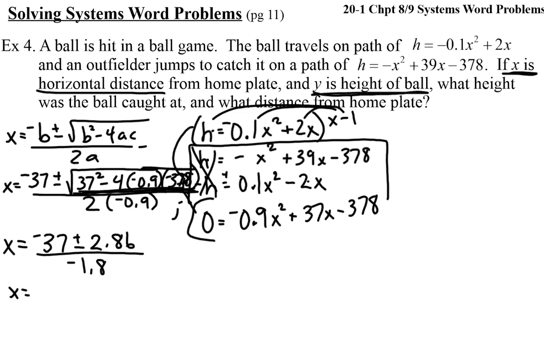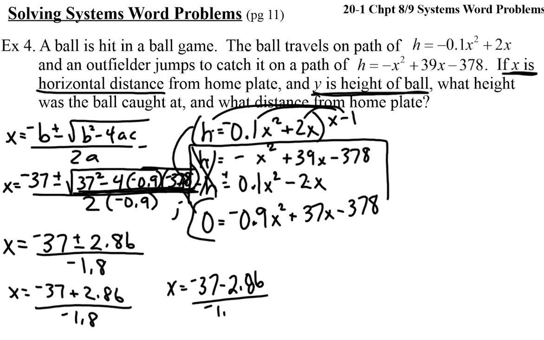So our x value will be negative 37 plus 2.86 divided by negative 1.8, and the other possibility would be negative 37 minus 2.86 divided by negative 1.8. So what do we get for x values? We get x equal to 58.8, and we also get x equal to 18.97. So there are the two x values.